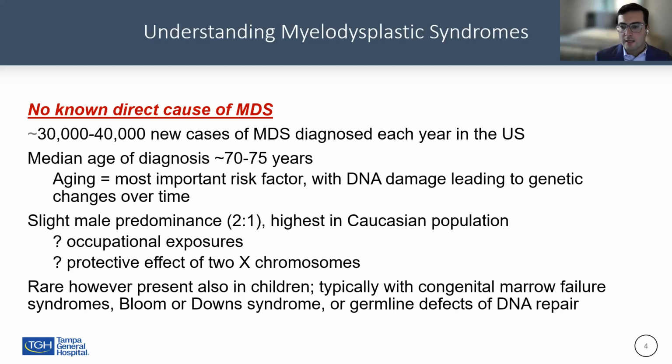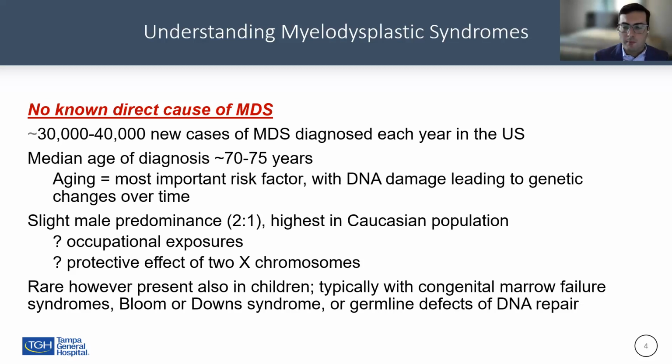Eventually, a genetic mistake occurs. Normally, your immune system would clear out this genetic mistake, but sometimes, because of certain factors, you're not able to do this. And that damaged or atypical or dysplastic cell ultimately leads to a frank disorder.